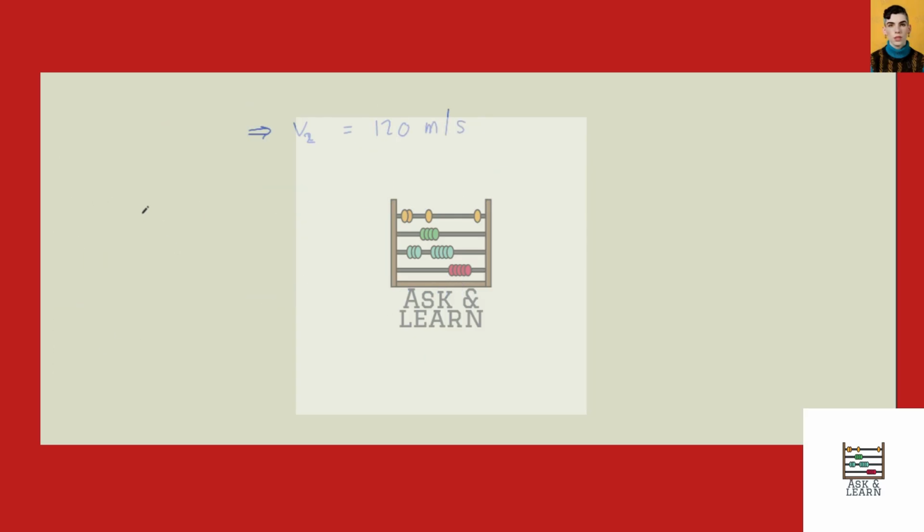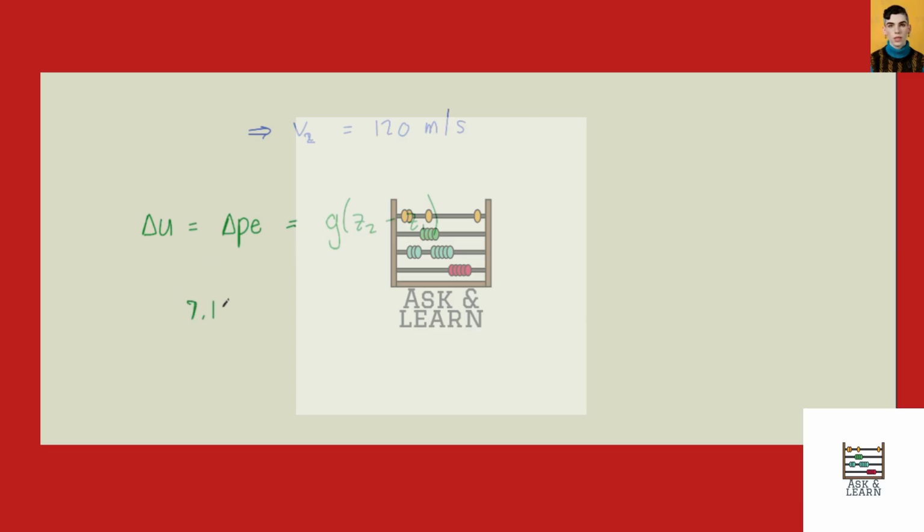Now we'll do the same thing and we'll equate the change in internal energy with the change in specific potential energy, delta PE. Delta PE is simply the acceleration due to gravity, g, into elevation 2 minus elevation 1 for the air. So again, we can substitute our values in here.